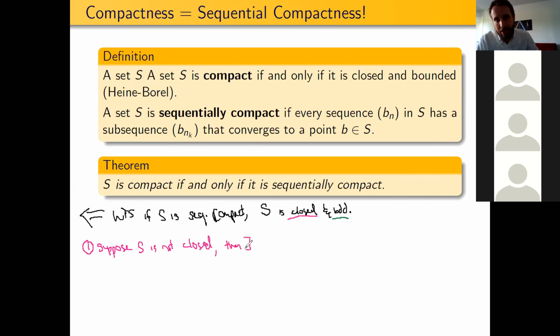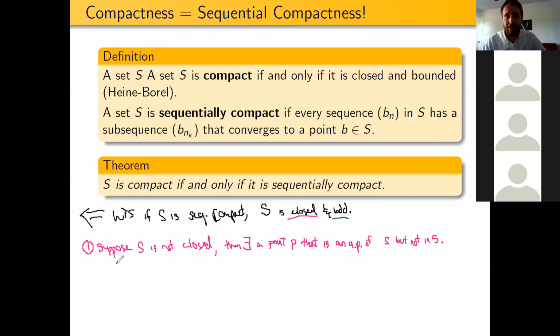Then there exists an accumulation point of S that is not in the set S itself. So there exists a point P in S prime, that is an accumulation point of S, but not in S.